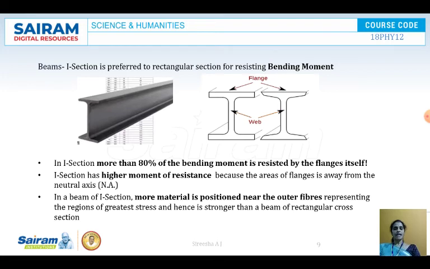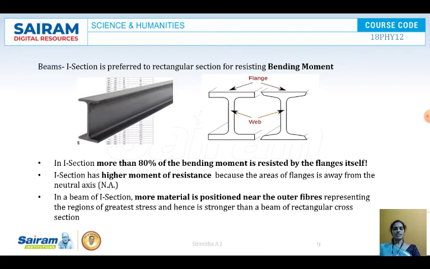An I section has a higher moment of resistance because the area of the flanges is always away from the neutral axis. That is to avoid the bending moment. The flanges withstand most of it, and the flanges are supported by the web, so the bending moment will be decreased.